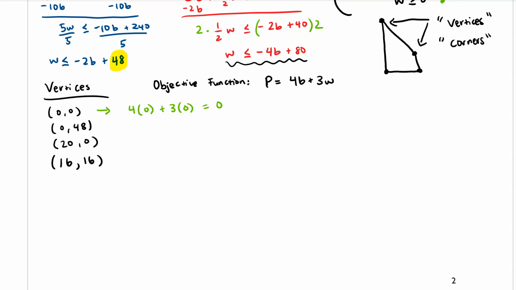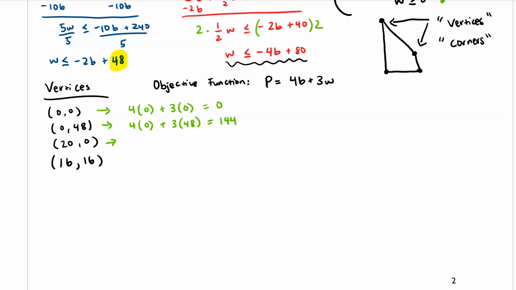So if I sold 0 burritos and 0 wraps, then my profits would be $0. Okay, now this next ordered pair is telling us, what if I sold 0 burritos and 48 wraps? Then I would make 4 times 0 plus 3 times 48, and that would be 144.